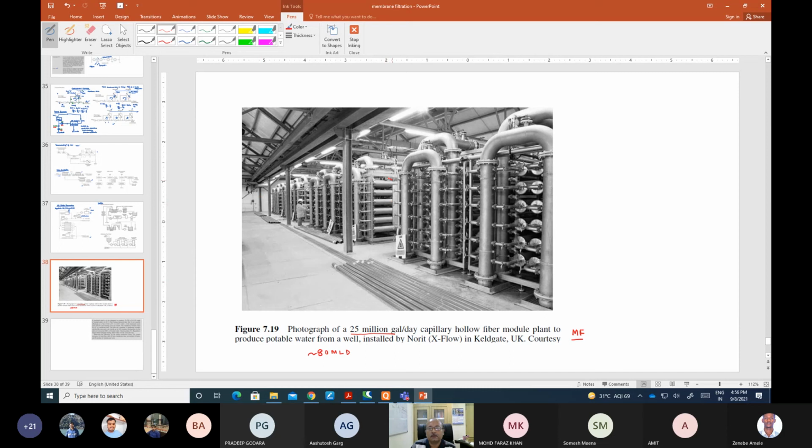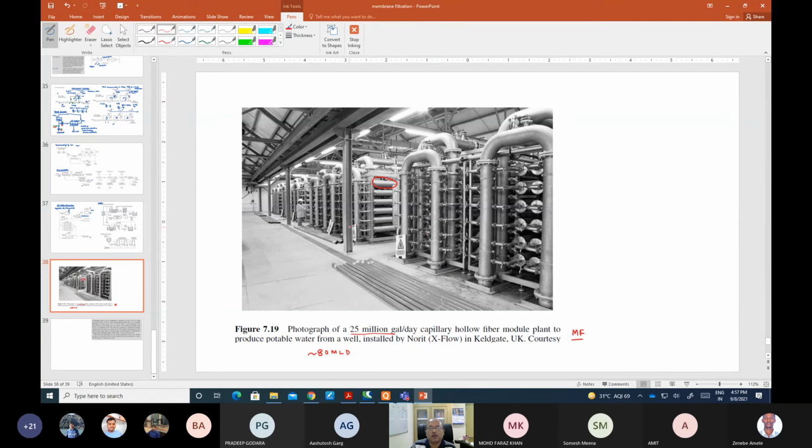And here you can see one of these modules. This is the filtration module. Other things are only pipes. So an 80 mld plant in a small place like this. This shows the compactness of these microfiltration modules, and they can operate without any problem.